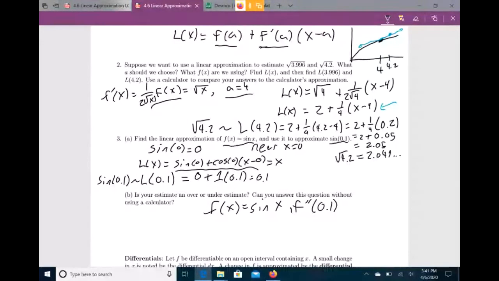So you could also look at the graph to determine, you don't necessarily have to compute the second derivative. You can also think about the graph of sine. What does the graph of sine look like?